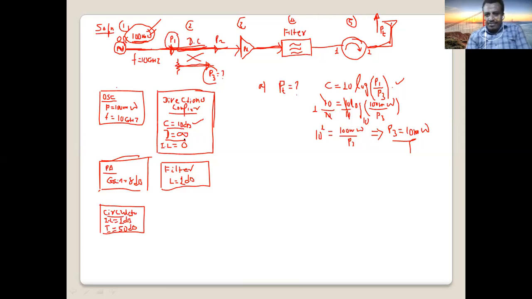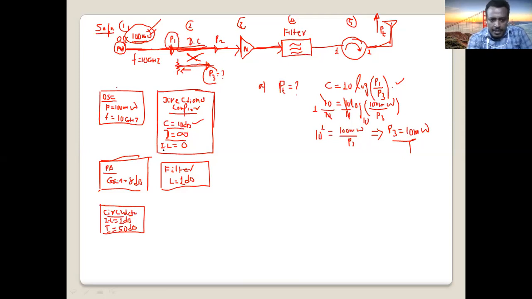Directivity is infinity. So when a signal is coupled through a directional coupler, some part will go in the wrong direction, which is called the isolation port, right? But in this case, because directivity is infinity, there is no coupling in the wrong direction. All the coupled signal goes to port number P3.